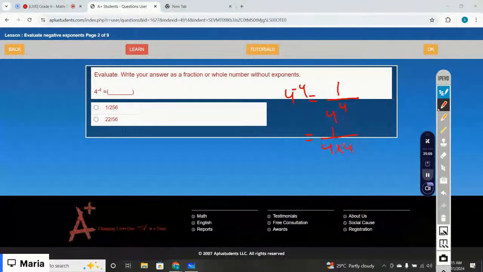Multiply 4 times 4 times 4 times 4, right? That is 1 divided by 4 times 4 is 16. 16 times 4 is 64, and 64 times 4 is 256. So the correct option is option number 1. Very good. That is 1 divided by 256.